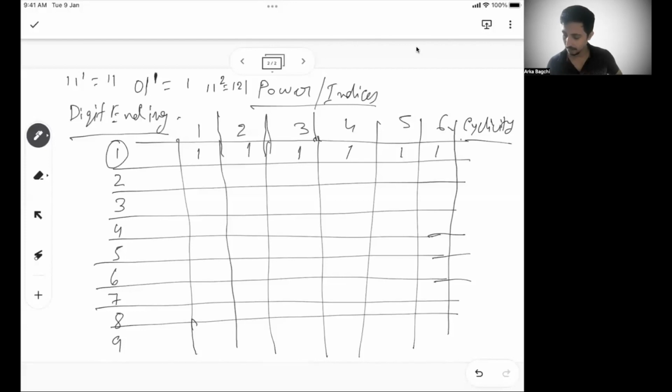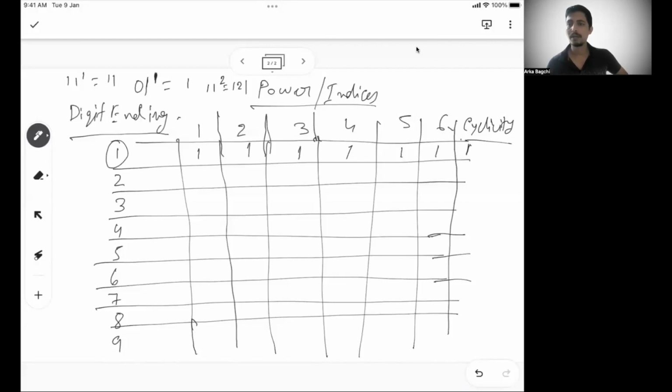The cyclicity here is 1 because it is the same for every power. 1 to the power 1 is 1, 1 squared is 1, 1 cube is 1. So everywhere it's 1 only. The cyclicity of the last digit is 1 because 1 to the power 1 is 1, 1 squared is 1, 1 cube is 1.